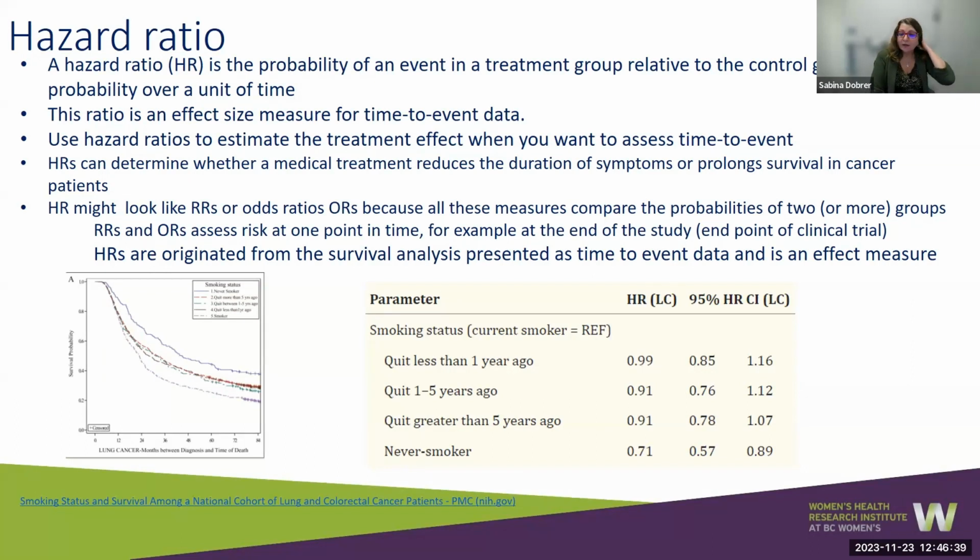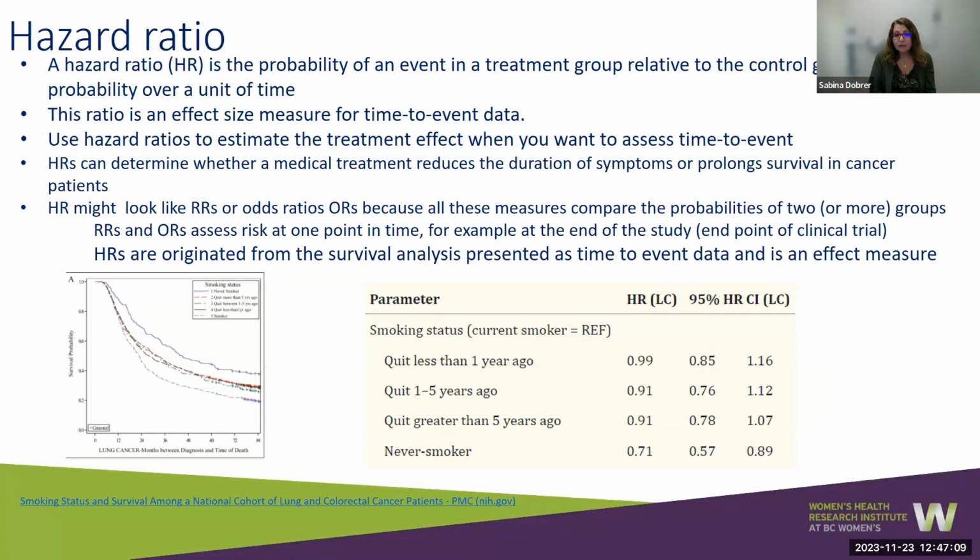So here, in terms of representation, the hazard ratio looks like relative risk or odds ratios, because in all cases we are measuring the probability in 2 or more groups. We have probability at risk or probability not at risk, or hazard ratio effect size over time.